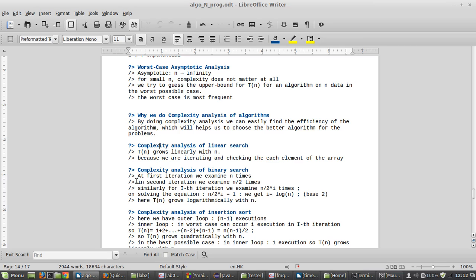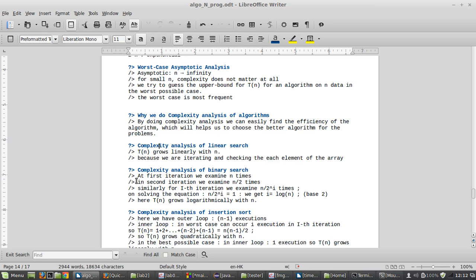Previously you analyzed the complexity of linear search and found that the size of the problem was n, and since complexity is directly proportional to the size of the problem, you can directly say that the complexity of linear search is linear.